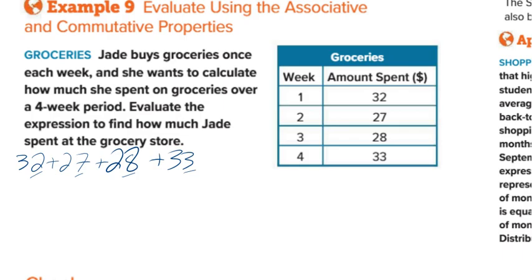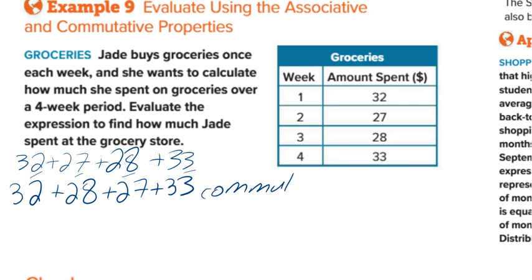So I have 32 plus 27 plus 28 plus 33. Now, based off how these numbers end with 2, 7, 8, and 3, I would want the 2 and 8 near each other and the 3 and 7 near each other because I know those add to 10. So I can use my commutative property to rewrite this as 32 plus 28 plus 27 plus 33.